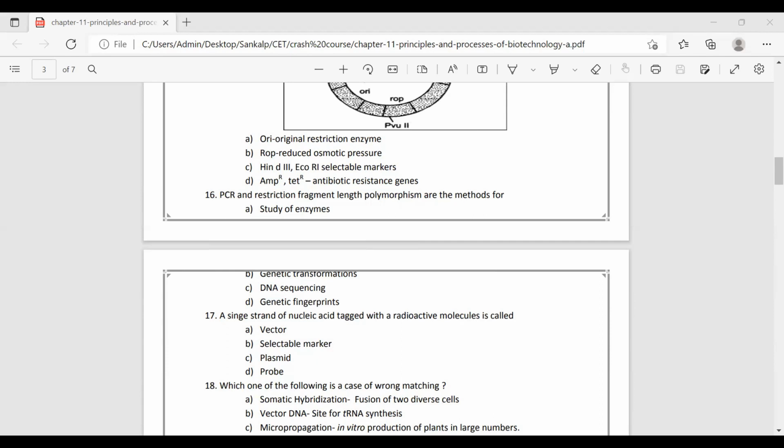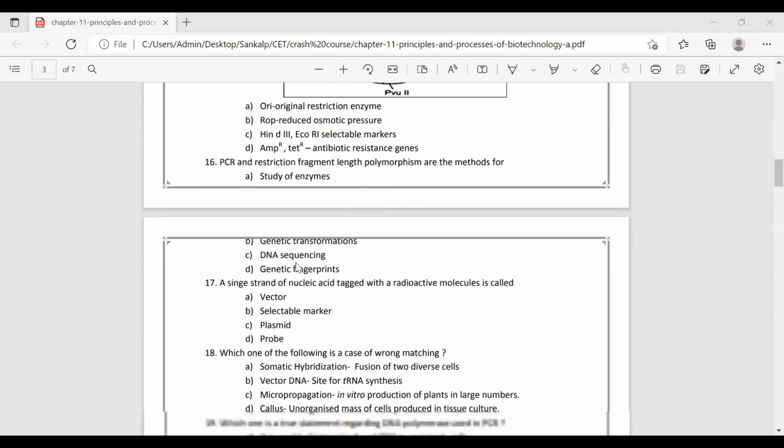Ma'am, option B. Ma'am, option D. What about others? Janavi and Bhairesh: D, ma'am. Okay, genetic fingerprints, right answer. Both of you gave the right answer.